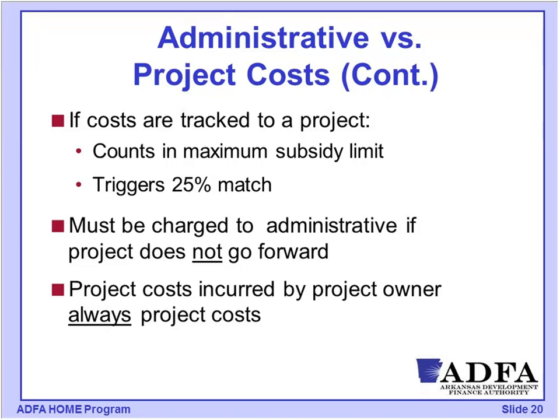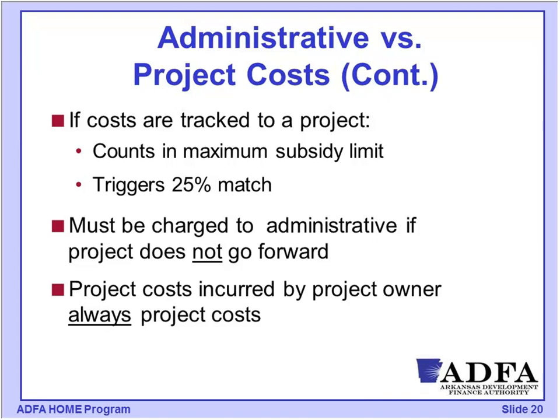So I can't charge off that time as a project cost because I'm not going to have a project. If I had initially charged it off to that address, those costs are going to have to be backed out of my charge off for a project and moved to come out of my administrative cap.